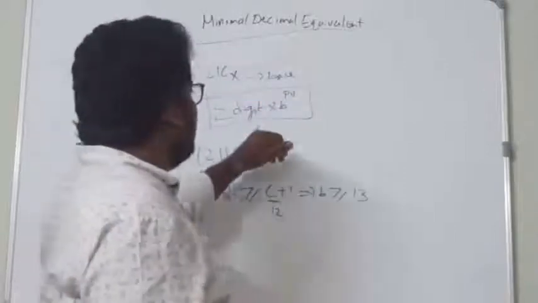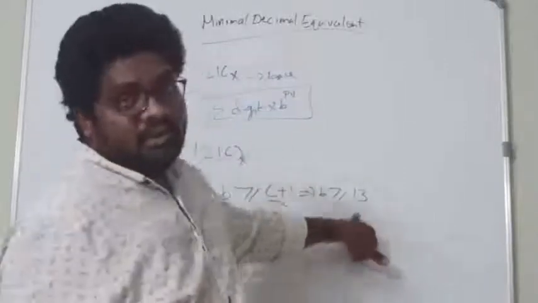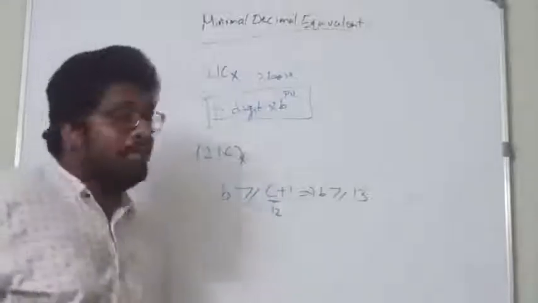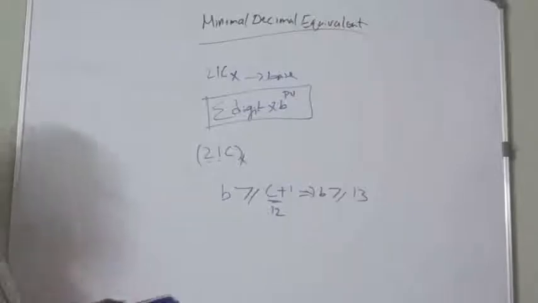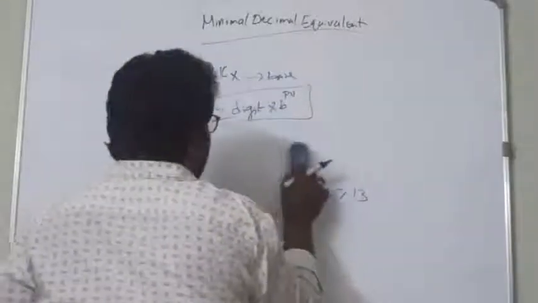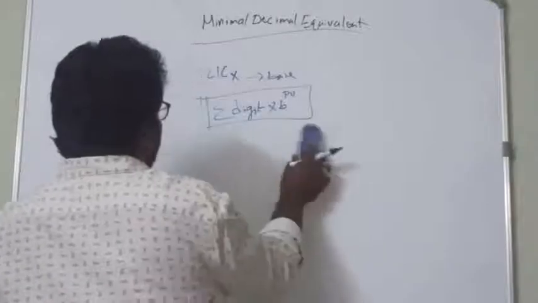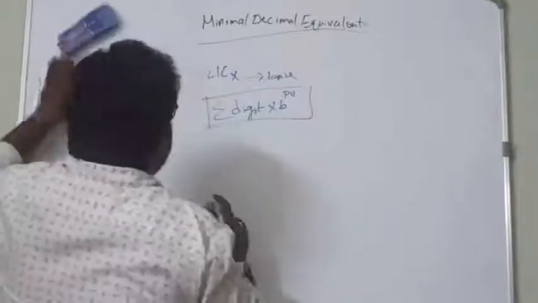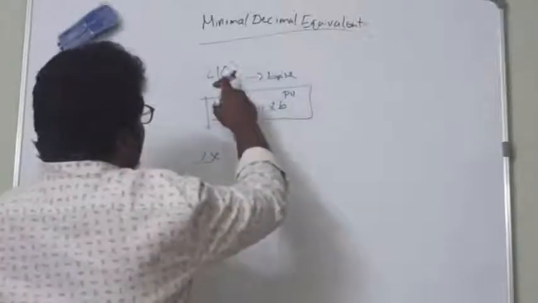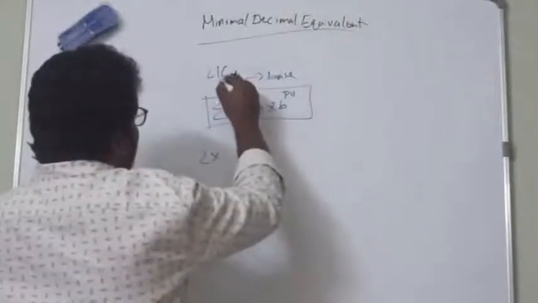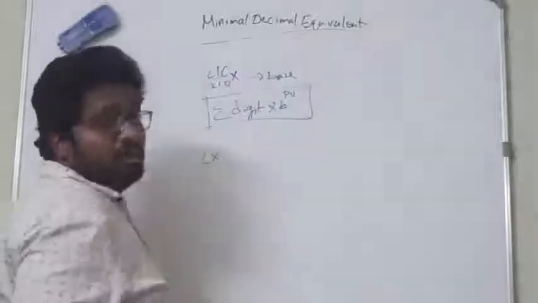By using this formula, now let us see how to get the minimum decimal equivalent. First take the place values: 0, 1 and 2.